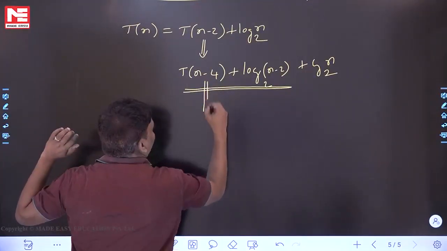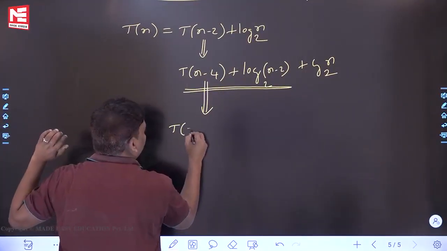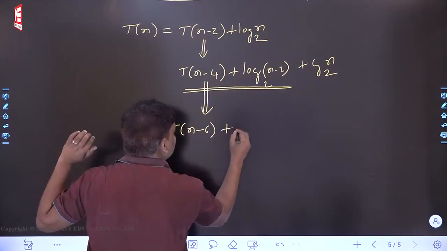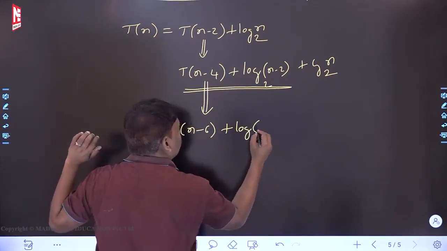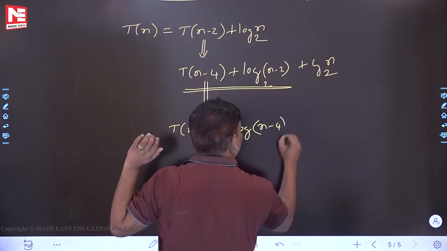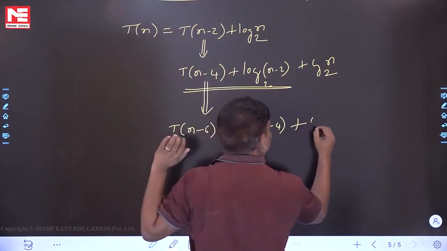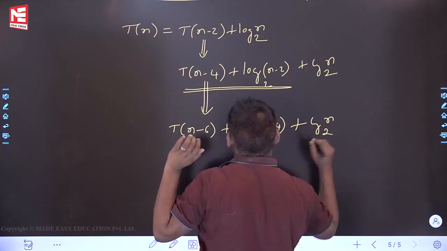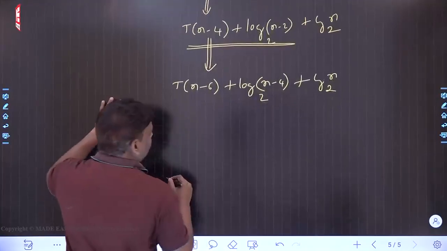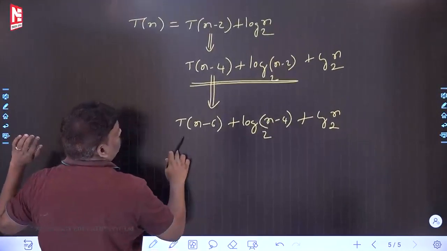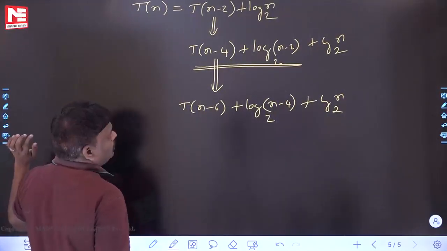What is the Tn minus 4? Tn minus 6 plus log n minus 4 base 2, plus the remaining things as they are, log n base 2. So if you do it 3 times, this is the story.